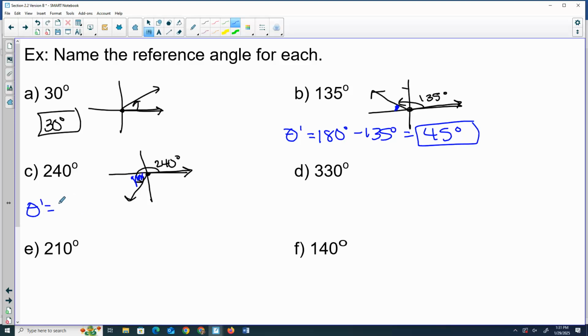How would I get that? That would give us this part here, but you're not far from it. We want the distance just to the x right here. This is 180, and this is 240. So we get 60 degrees.